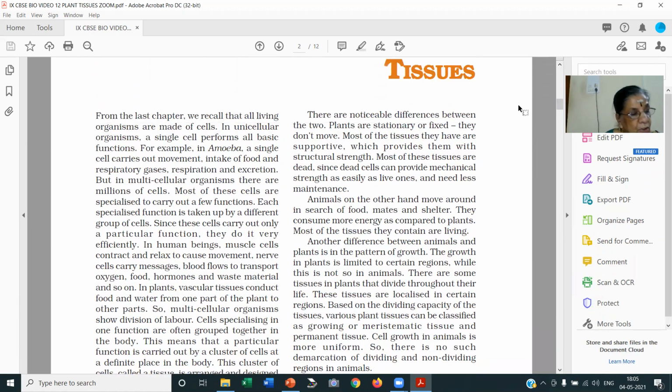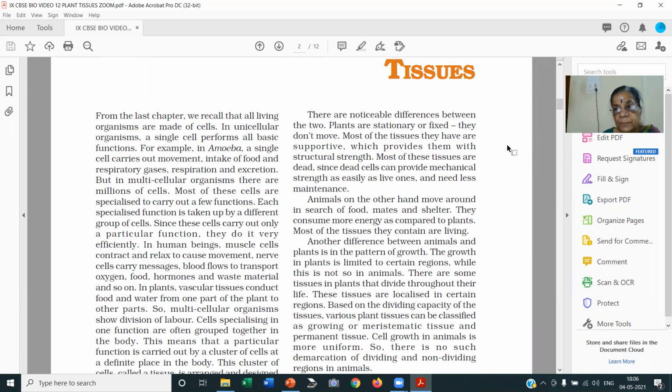Now there are noticeable differences between plants and animals. This one is describing locomotion. What is locomotion?